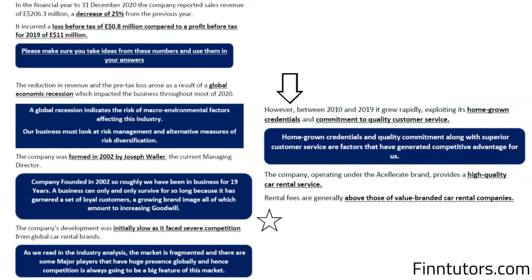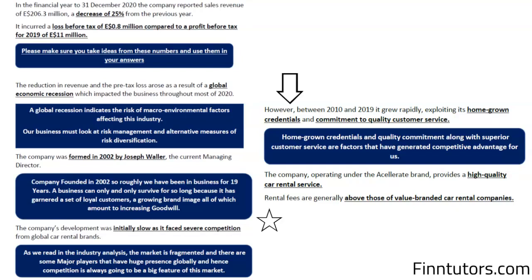Because have you seen any business in the world which exists for roughly 19, 20 years and does not have a good review, does not have a good set of customers? Yes, there will be some negative reviews, there will be some negative experiences, but overall, companies only exist for a long period of time if people like their products. So that's a good thing for us. We might have garnered goodwill, we might have garnered some reputation, which is important for our business.